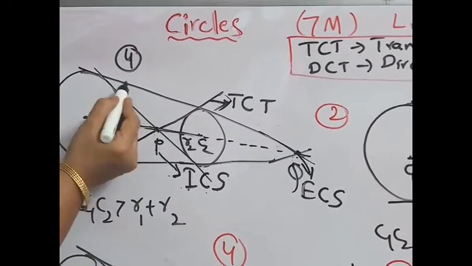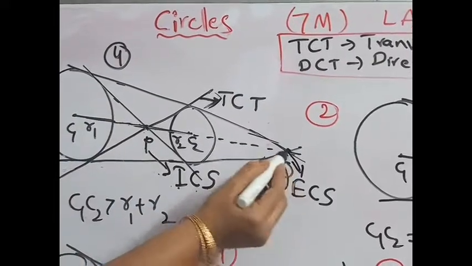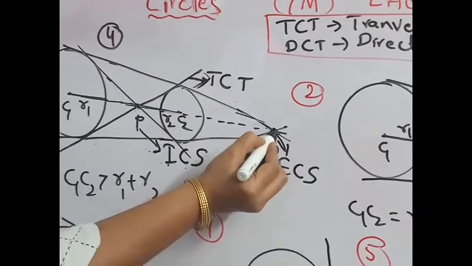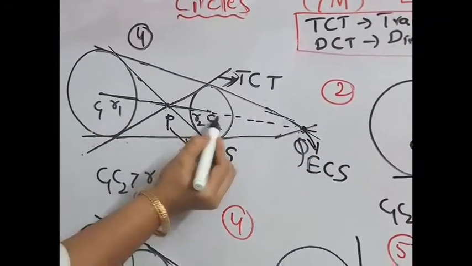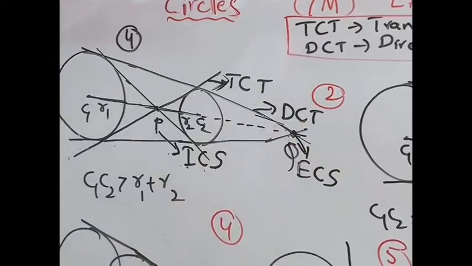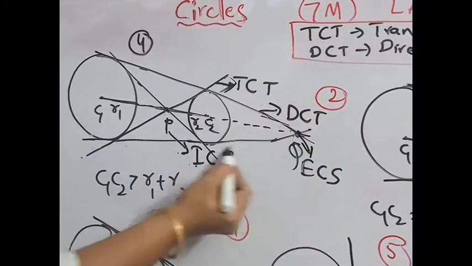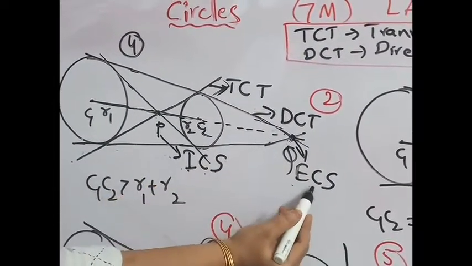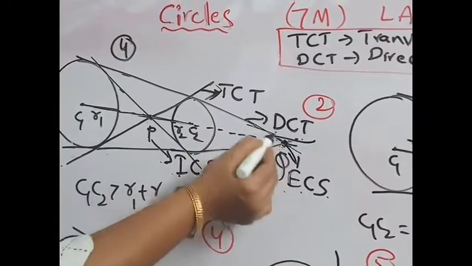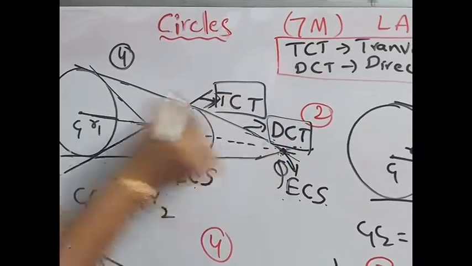In the same way, the two common tangents passing through the point of intersection which does not lie on C1C2 are called direct common tangents. That means these two tangents which pass through the external center of similitude are called direct common tangents. Very important concept.